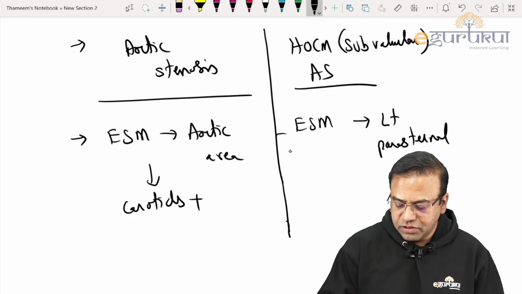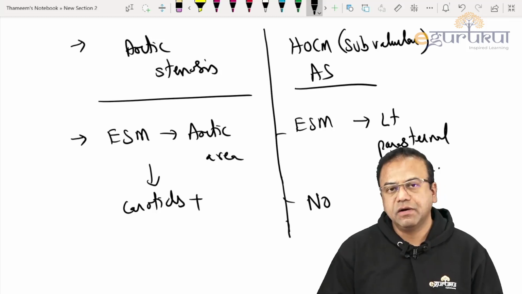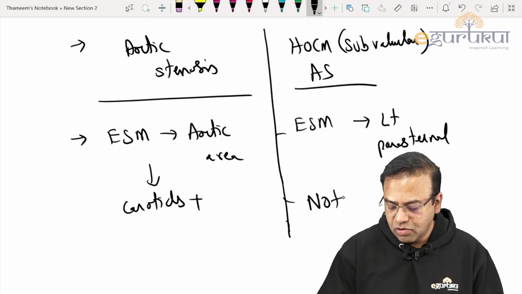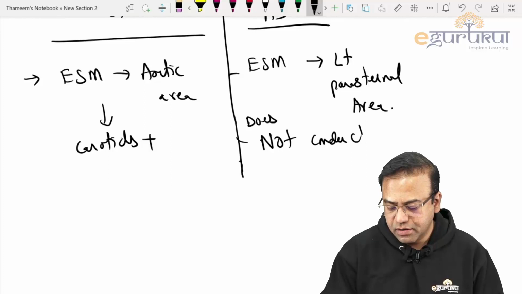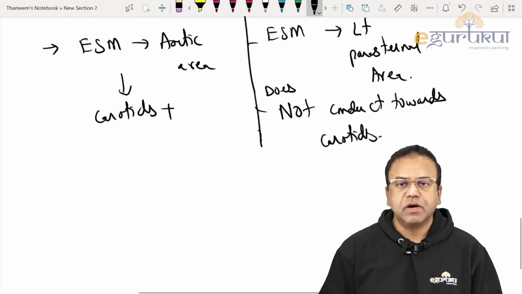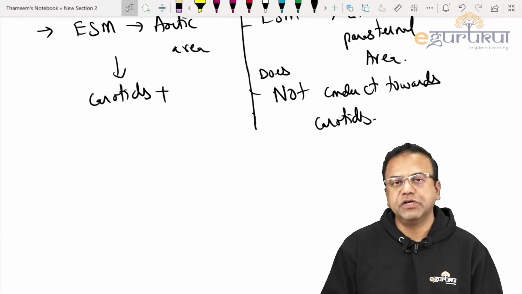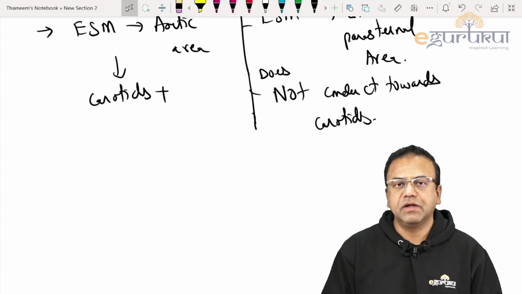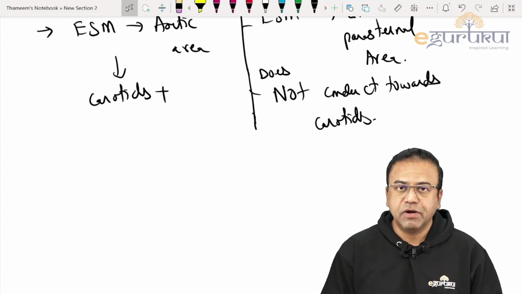The second important feature is that generally this murmur does not conduct towards the carotids. So conduction toward the carotid becomes a very important feature to differentiate whether it is aortic stenosis or subaortic stenosis.